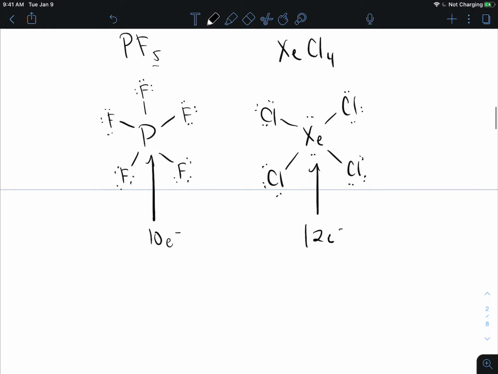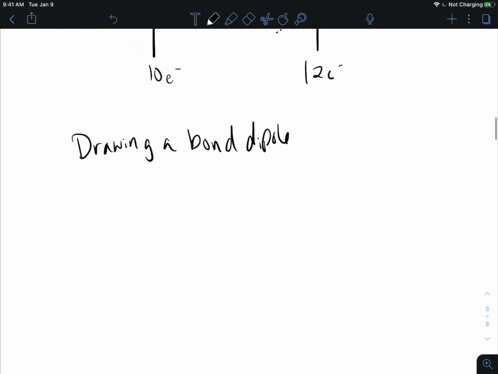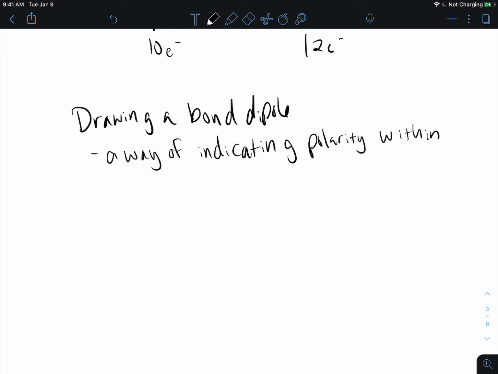Last thing I kind of want to bring up is the idea of drawing a bond dipole. So a bond dipole is a way of indicating polarity within a bond. So here we're going to have a separation of charge, and that separation of charge is indicated by that dipole.